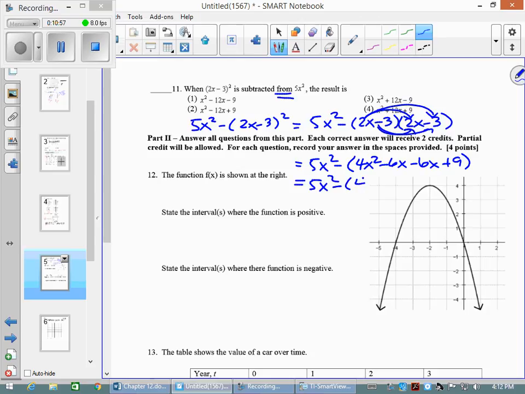So I get 4x squared minus 12x plus 9, which now when I distribute that minus sign, all of my signs will change. So now it's a negative 4x squared, positive 12x, and a negative 9. And if I continue to simplify and combine like terms, my only like terms now are my x squared terms. So 5x squared minus 4x squared gives me 1x squared plus 12x minus 9. And that is choice 3.